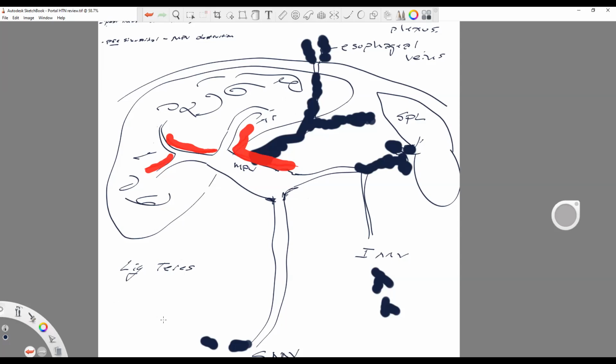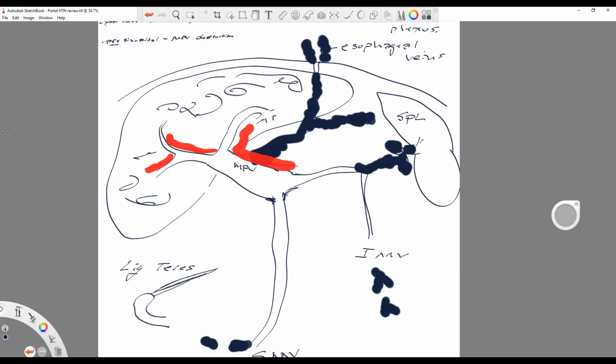In fact, when we look at the left portal vein sagittally, it kind of looks like this. Looks like a little bent, funny-looking creature here. If you get it just right, you will see echogenic lines going out to the tip of the liver and then beyond. That's the ligamentum teres.